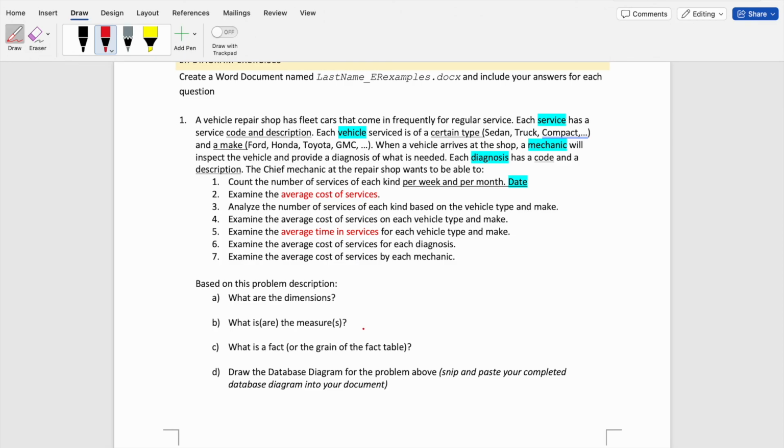This service visit might include different columns, different values you need to count. It depends on the service, vehicle, mechanic, diagnosis, and time. These are the key values. We also have how to measure it, the cost and time in service. So the fact here is again the service visit, including different values. Okay.